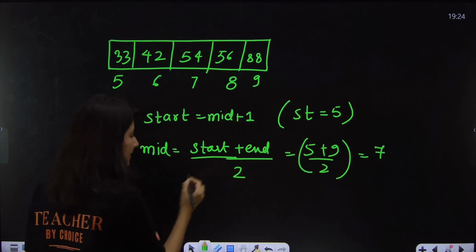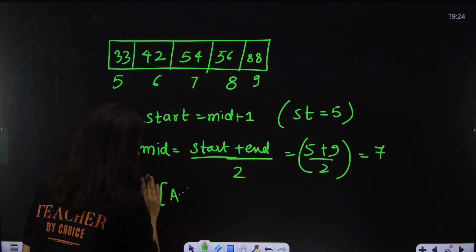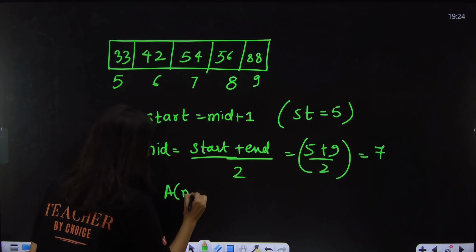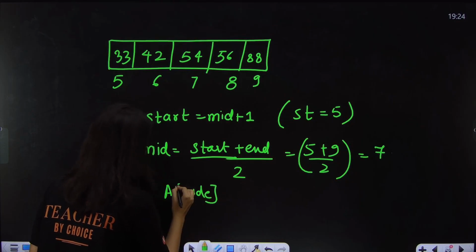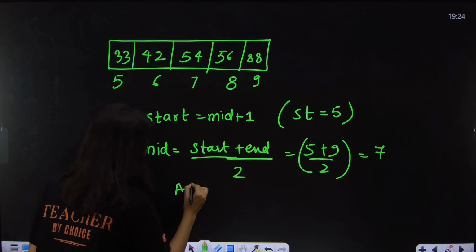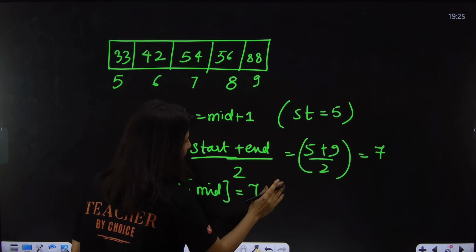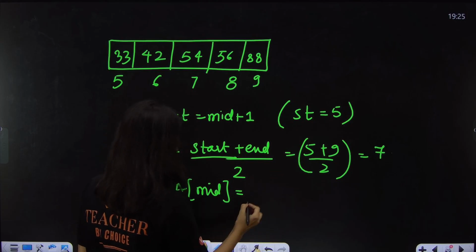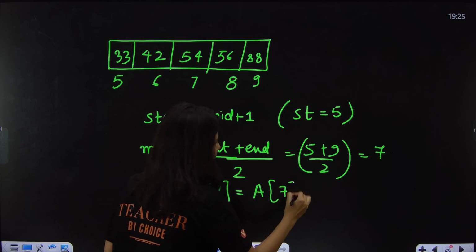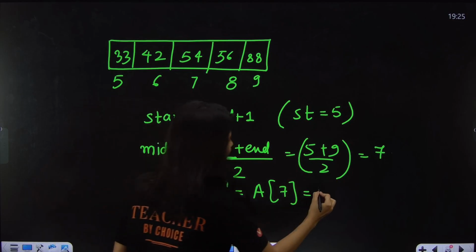That means mid is 7. Now tell me A mid. A mid is equal to A7, and A7 you know is 54.